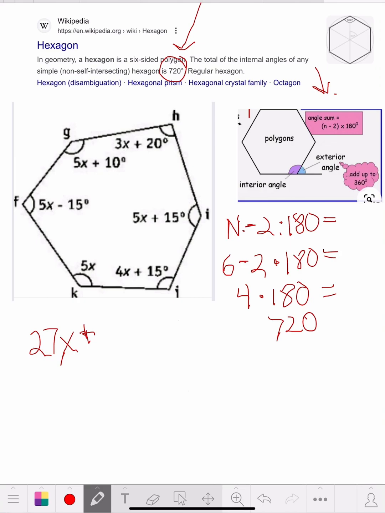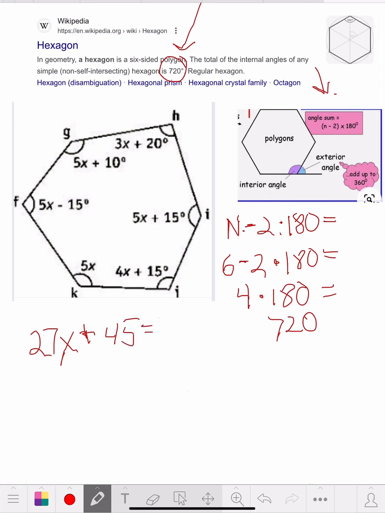So plus 20, plus 15 is plus 35. Plus 15 is plus 50. Now minus 15 is 35 again. And plus 10 is 45. So it's plus 45.